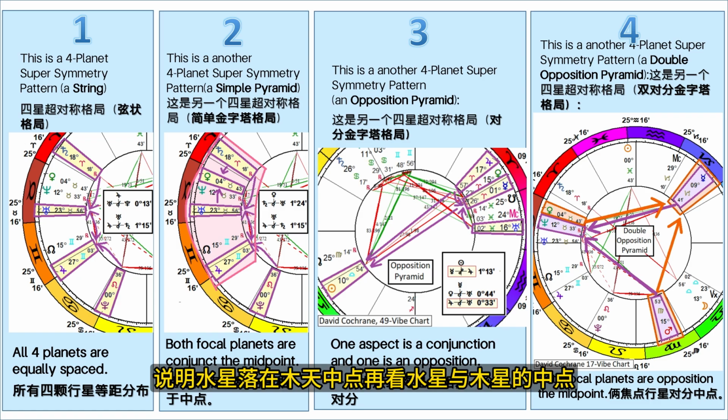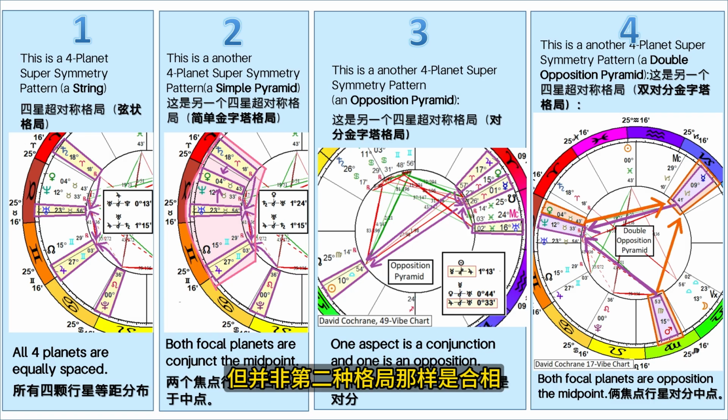So Mercury is at the Jupiter-Uranus midpoint. We go halfway between Mercury and Jupiter, but instead of being conjunct, as we saw in configuration number 2, opposition the Mercury-Jupiter midpoint is the Sun.